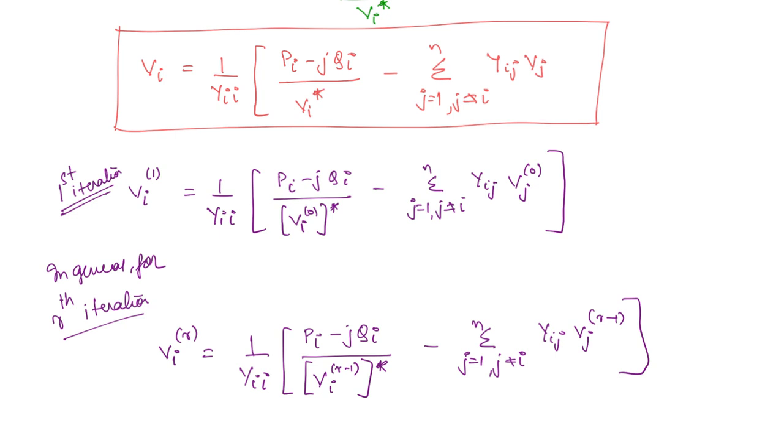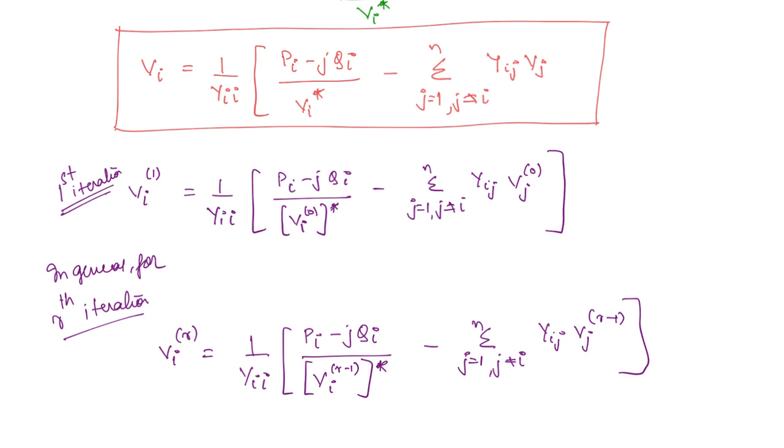Okay, then next you are finding the voltage at bus 3, so i will be equal to 3, let us say. Now here when you are doing this summation, bus 1 also will be present, bus 2 also will be present. So the bus 2 rth iteration you already know. So you can write, instead of the r minus 1th iteration, the rth iteration of the second bus voltage.